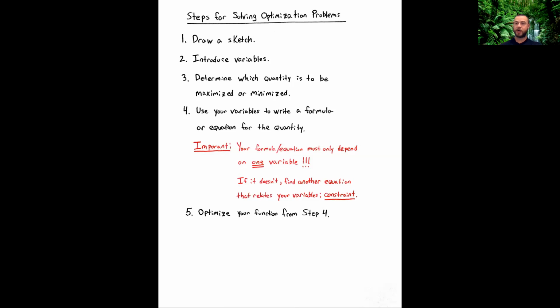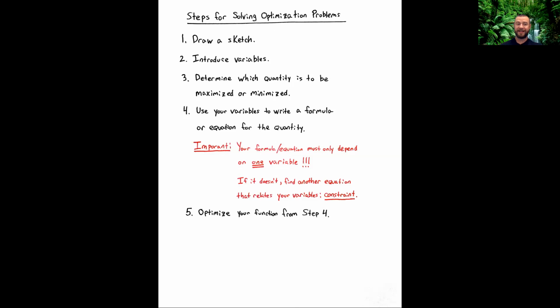Now let's say you come up with an equation or formula that has more than one variable in it, or more than one independent variable, if I get technical. Then we're going to have to somehow reduce those variables down to just one. The way this works mathematically, we use something called a constraint.